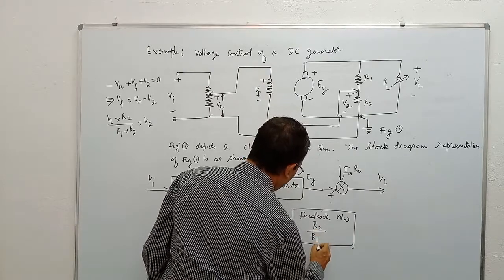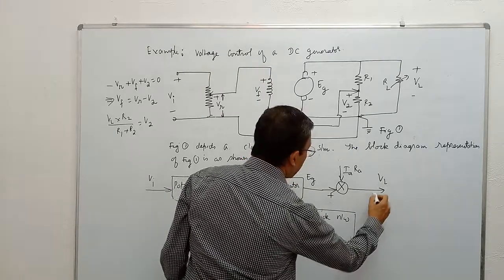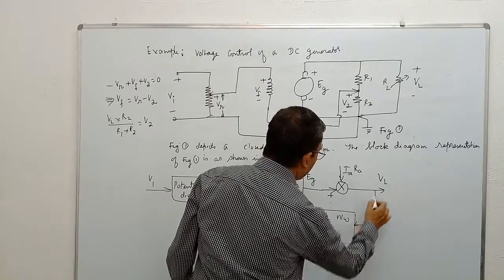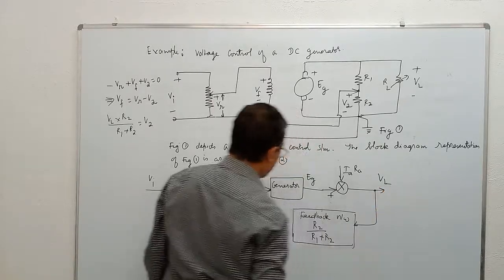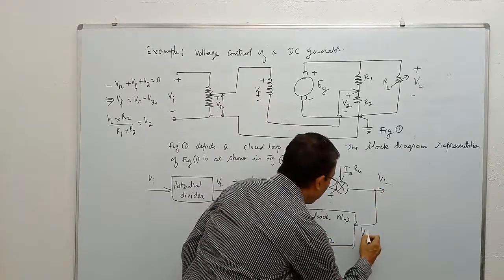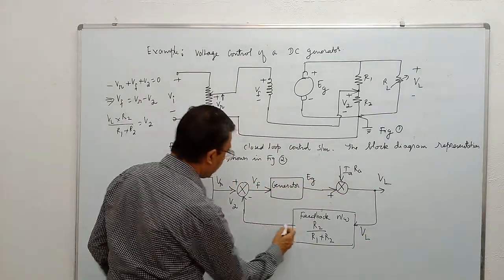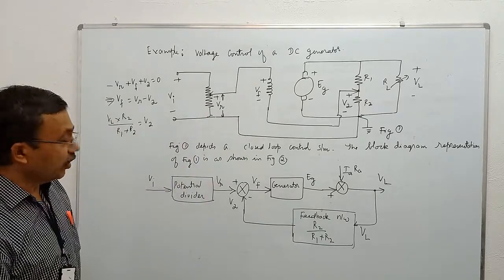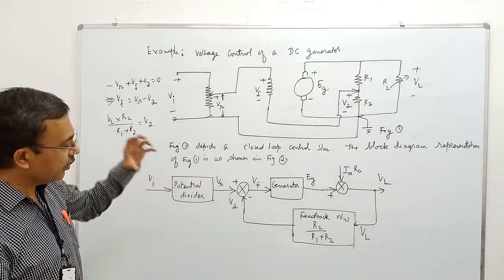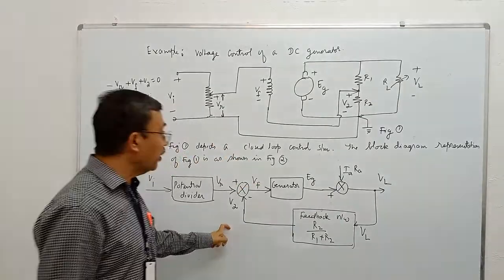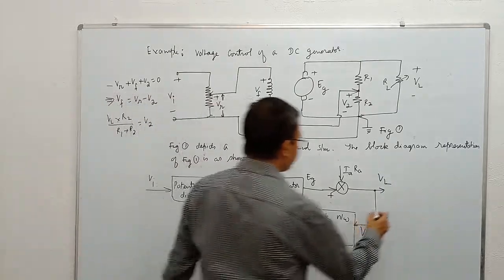R2 divided by R1 plus R2. Input to this network is VL. VL multiplied by R2 divided by R1 plus R2 gives you V2. This is the general configuration of this side. This is the block diagram representation of figure 1.